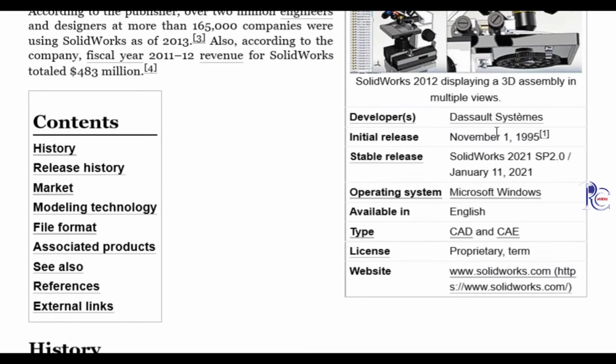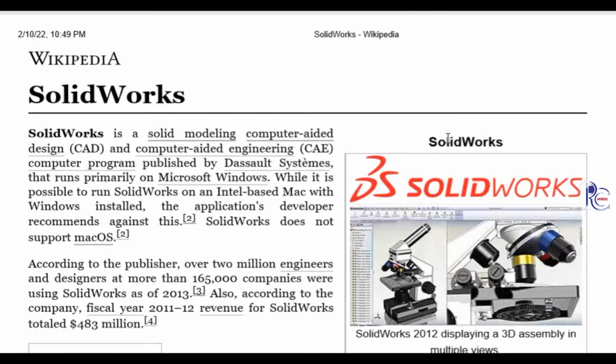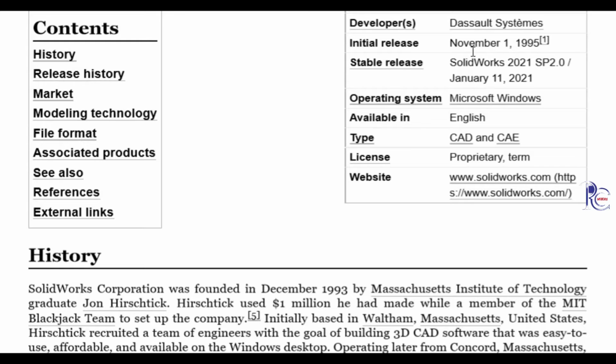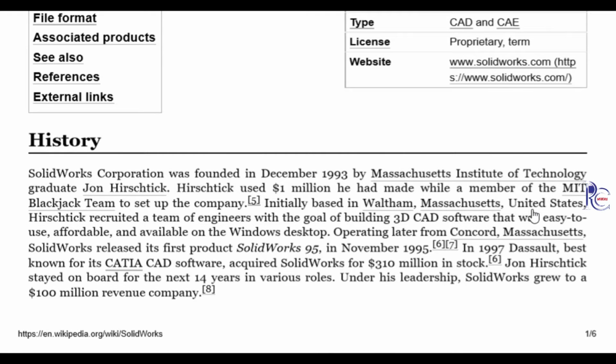The company of Solidworks software is Dassault Systems. This is one of the great software developing companies. It was initially released on November 1, 1995. Basically, it is a full CAD modeling software.